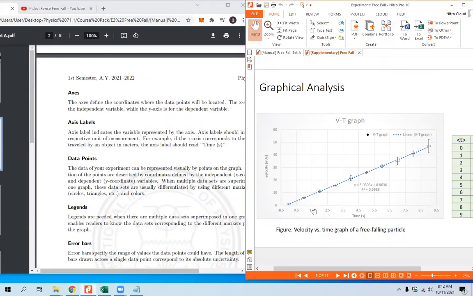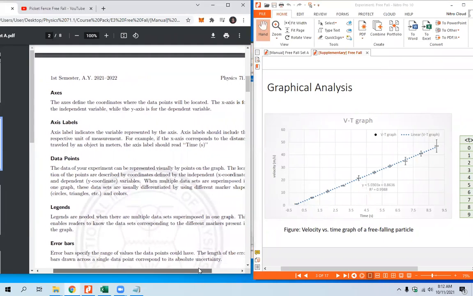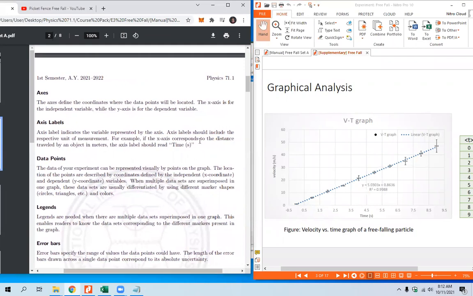So ito, meron akong graph on the right side of the screen while I have the descriptors on the left. So let's go one by one dito. So ang first part ng graph na nilista ay axis. So ang axis is basically ito, yung x-axis and y-axis.